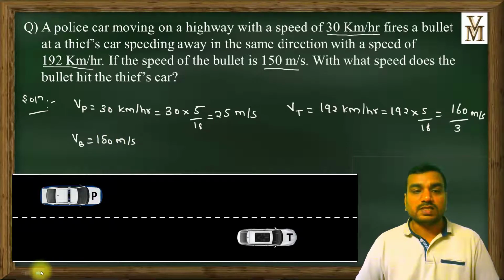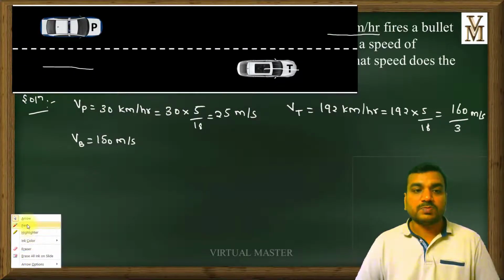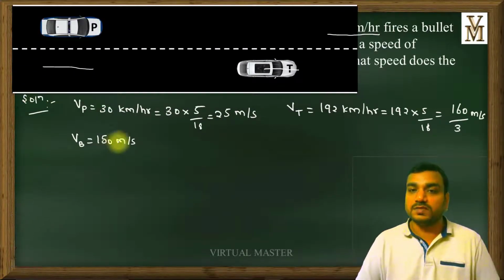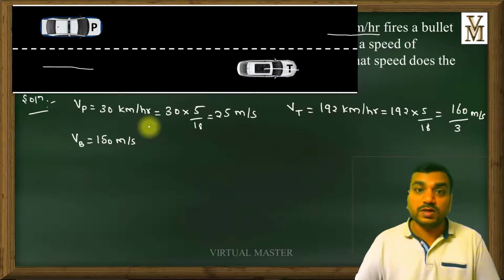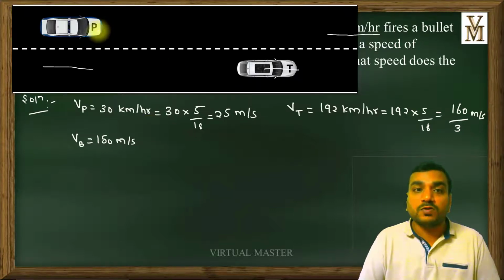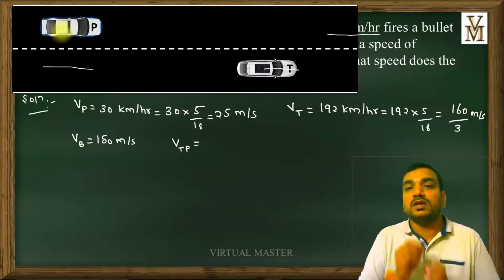Now these things are given in the question. What we have to find is with what speed the bullet is going to hit the thief's car. In order to find this, first we have to find the relative velocity between the police car and the thief's car. I will call it VTP, the relative velocity of the thief's car with respect to the police car.